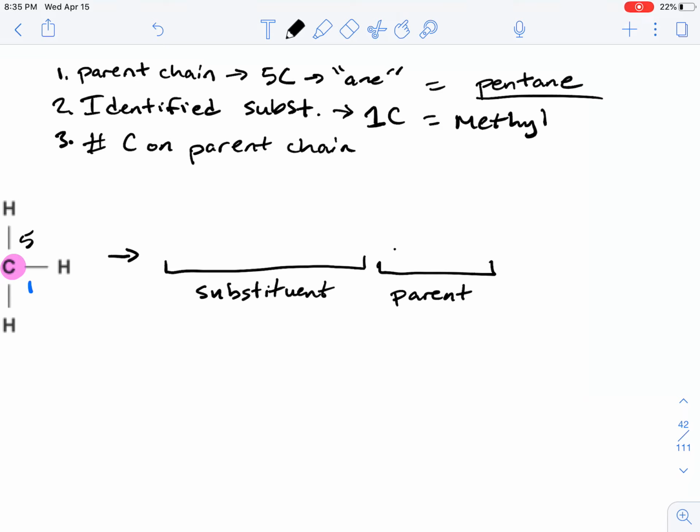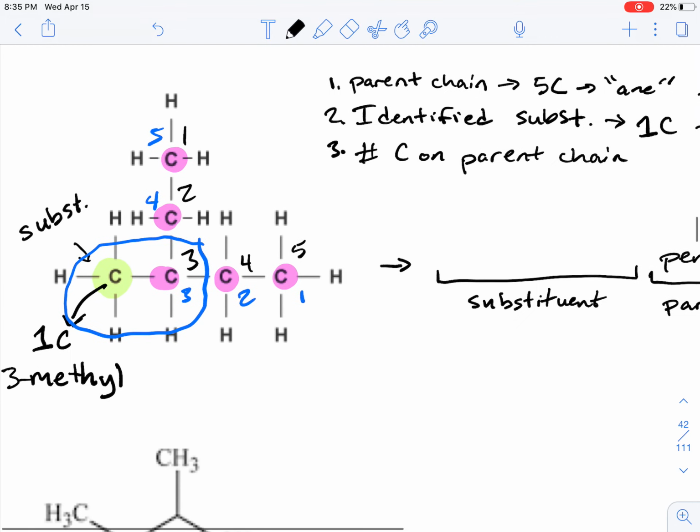So the parent is pentane, and the substituent is going to be 3-methyl. So in other words, the methyl group, this guy in green, is found on the 3rd carbon of the parent chain.